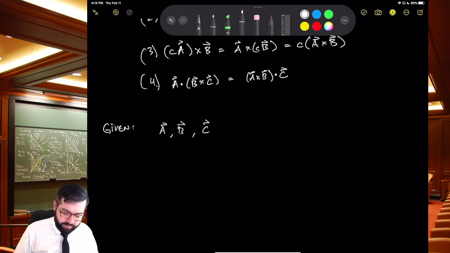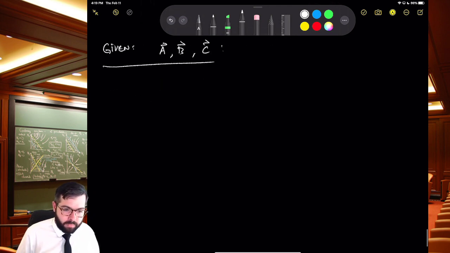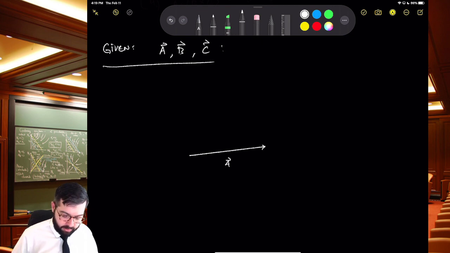If I have three vectors in R3, and I'm going to try to sketch this out as best as I can. If I have some vector A, I have another vector B, and I got another one kind of in the back there, C.